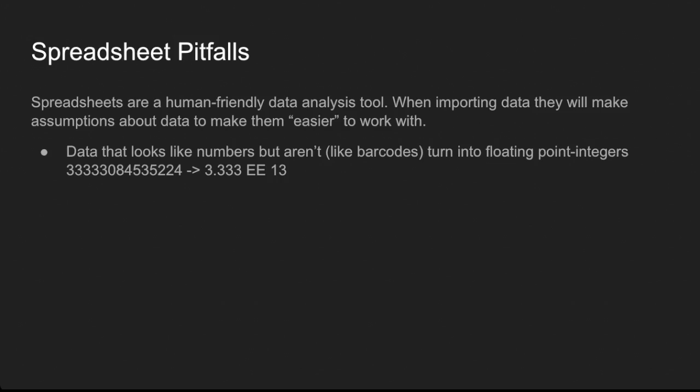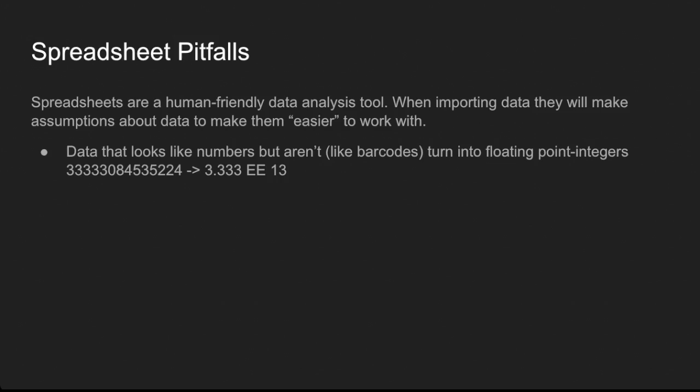However, a spreadsheet, if you import it, will load it and be like, yeah, that's a number. And not only is it a number, it's a number so big that I actually have to transform it into something called a floating point integer, because computers actually do struggle with extremely large numbers. And something like a barcode will trip this up.